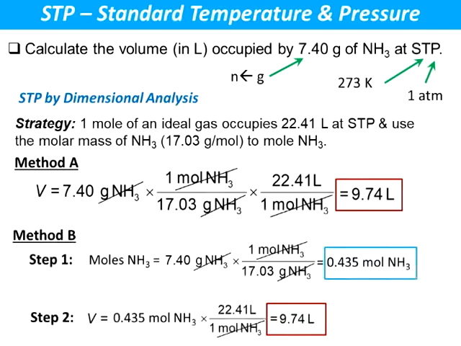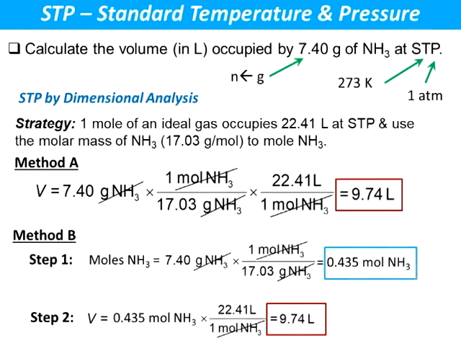That's the volume. An alternative way to do this would be to solve for the moles first and then determine the liters. And this is perfectly permissible. So we would take 7.4 grams and convert this to moles using unit analysis as shown here, with 17.03 grams on the bottom and 1 mole on the top.